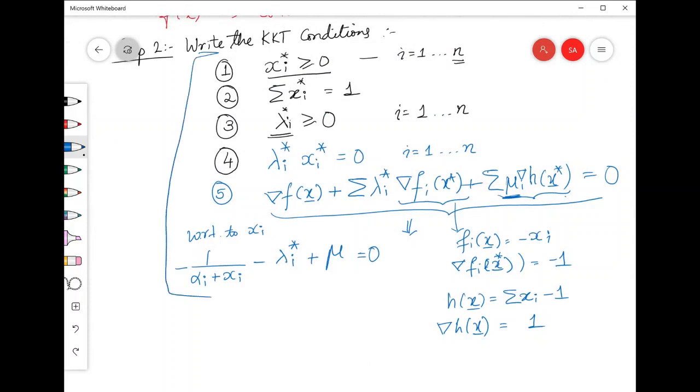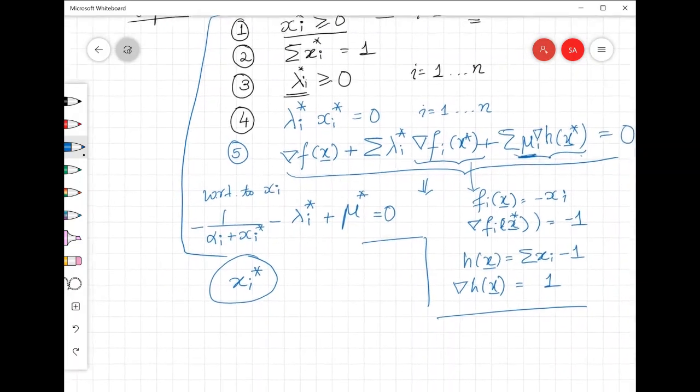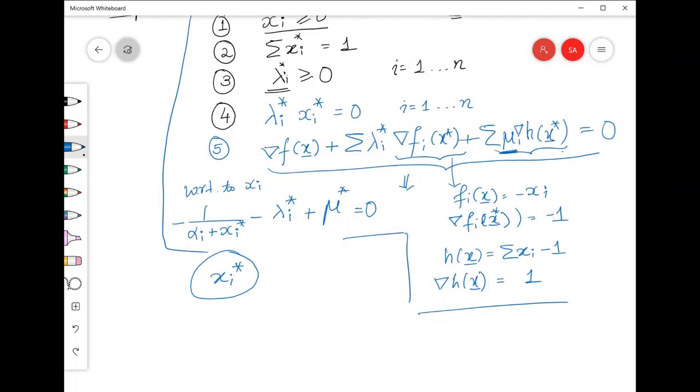By solving all these equations, I can get the optimal values of x_i star. I would like all of you to solve this problem in full, and please tell me the result of this problem, whatever you have got. Please send your results by Monday.